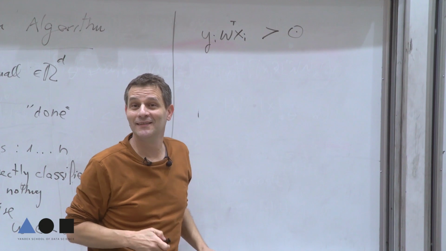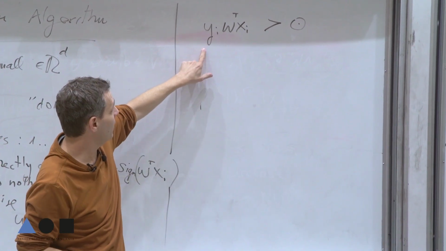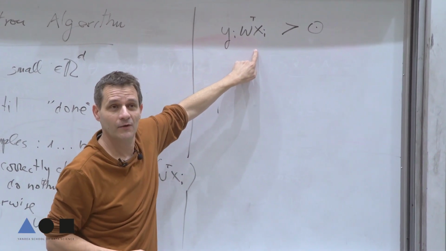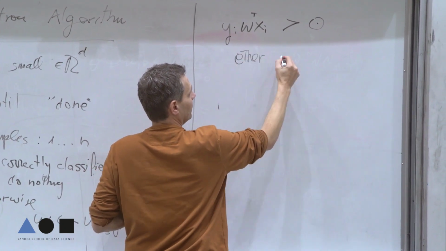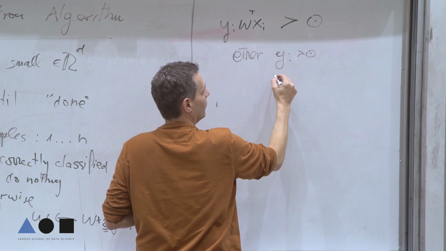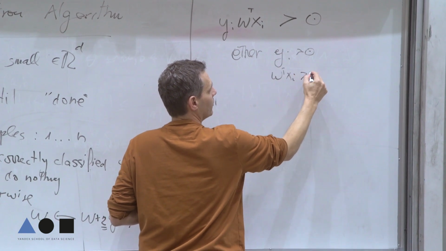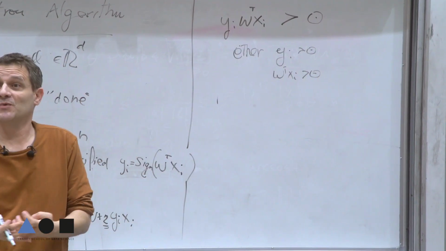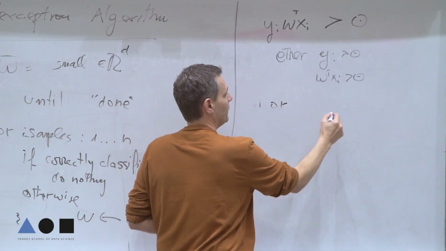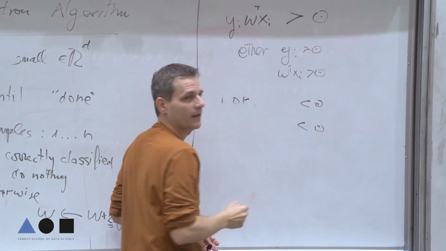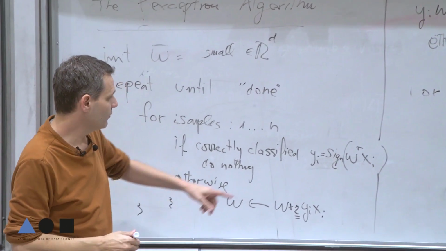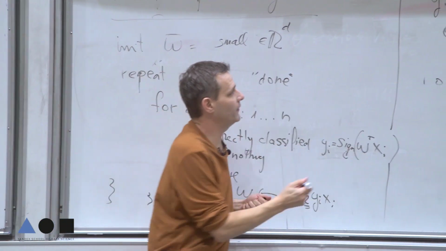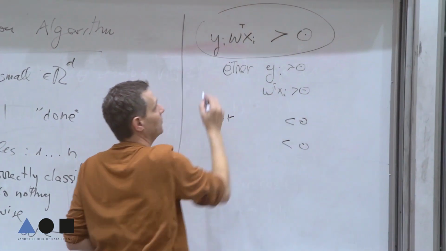There are two cases, right? Either yi is larger than 0 and W transpose xi is larger than 0, so they have the same sign. Or they're both negative, and they also have the same sign. So instead of writing this condition, we can just write that condition. OK?